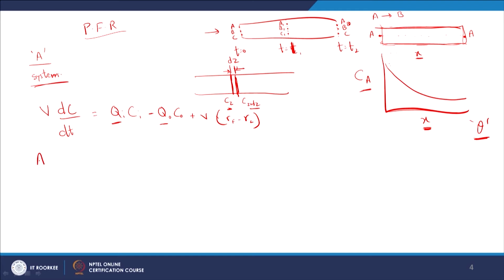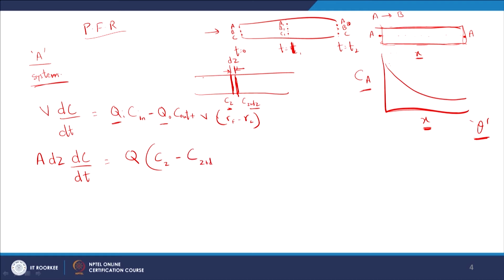It is the cross sectional area of that particular film. A into dz is my volume here, and dC by dt is equal to Q times, where Q is constant, Q in equals Q out. What is it at the inlet? It is C inlet, which is Cz, minus what it is at the outlet?